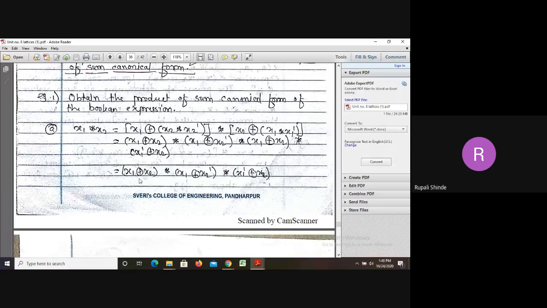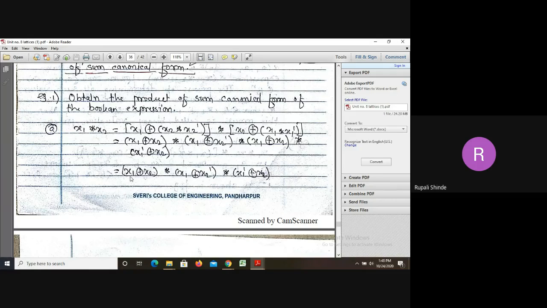You have to add the variable x3 in each and every bracket. Now check here, it consists of x1, x2, x1, x2, x1, x2. If your Boolean expression consists of three variables x1, x2, x3, then we have to add x3 in every term.